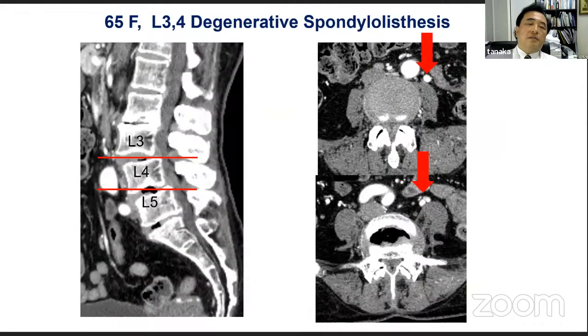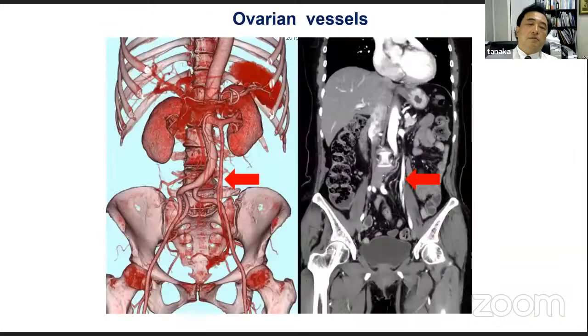Another problem is, if you look at this red arrow, there is a vessel here on the psoas muscle. This is ovarian vessel. So you should pay attention to the preoperative image, especially for MRI and CAT scan.